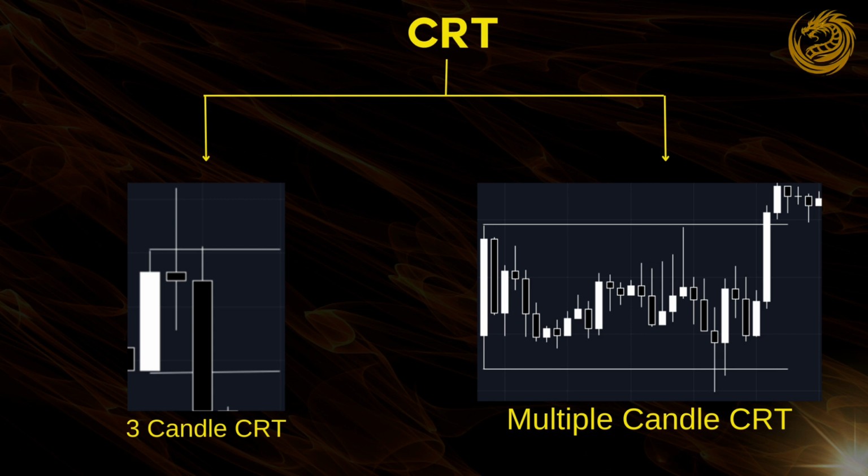And when the price breaks a range on the one side, it means it has taken all the necessary liquidity from that side, and now it will travel to the other side of the range to take out more liquidity from the other side. So price basically only follows liquidity.